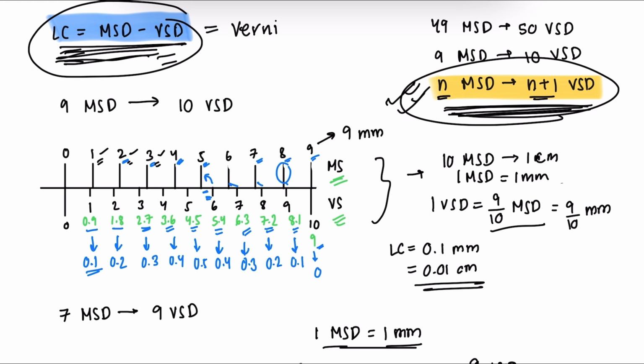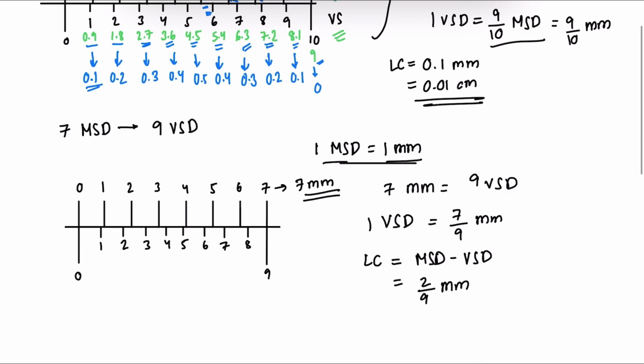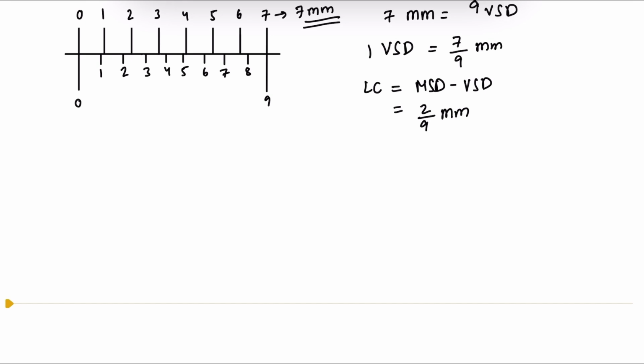I forgot to mention that before. So now for my satisfaction, we can call this the VC rather than the LC, because it isn't the LC. So yeah, we got the Vernier constant, or the formula least count, as 2 by 9 millimeters. Now let's find the least count using the number line.